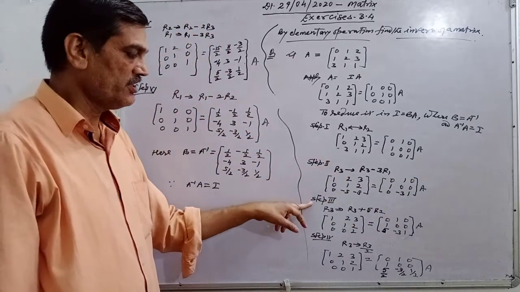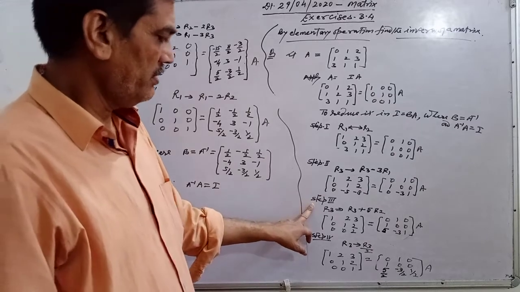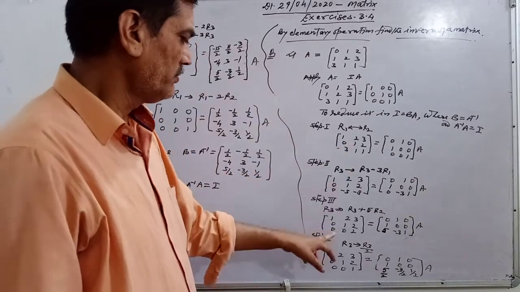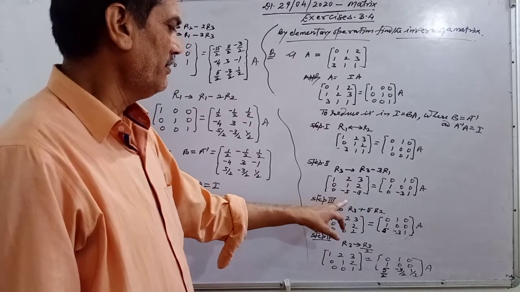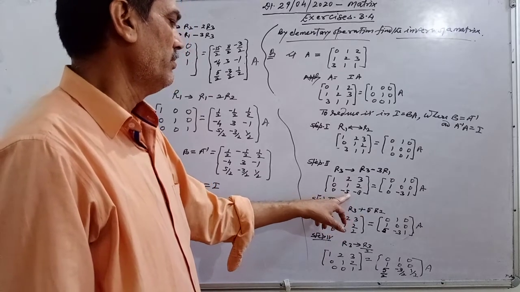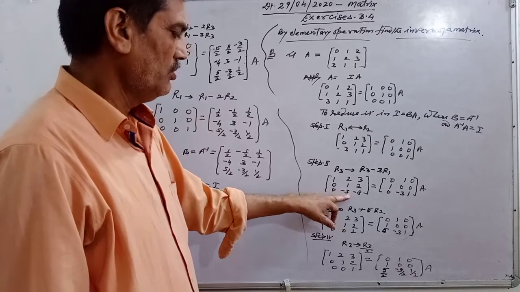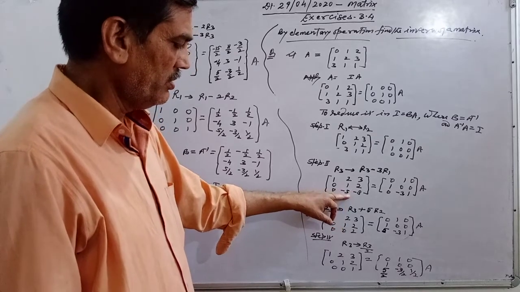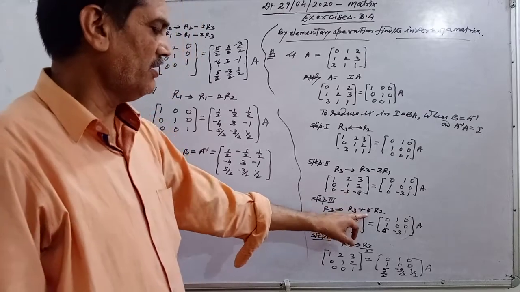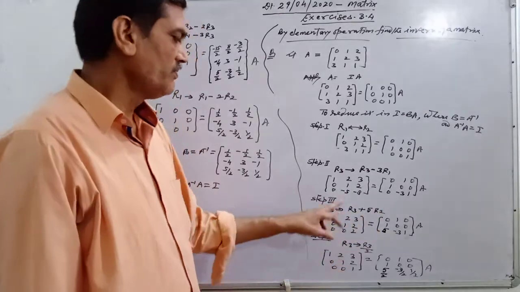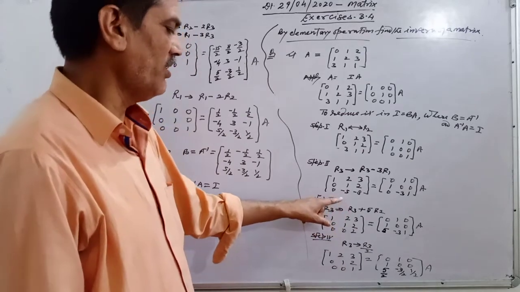Now in the next step, this is already 1. Now this element should be 0. So to make 0, apply this operation, R3 tends to 2R3 plus 5R2.